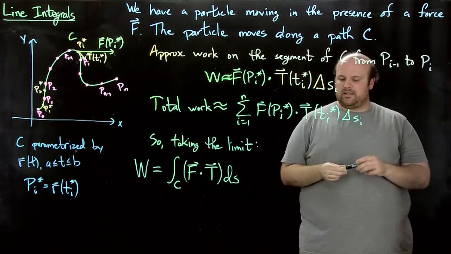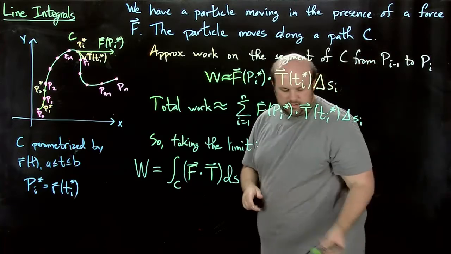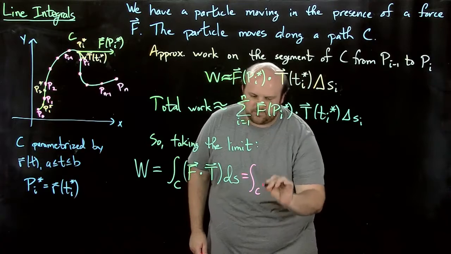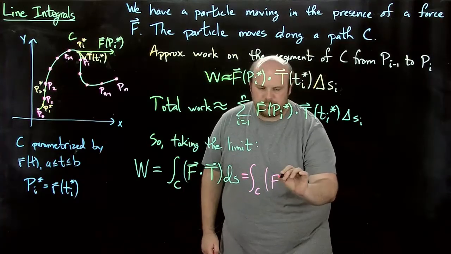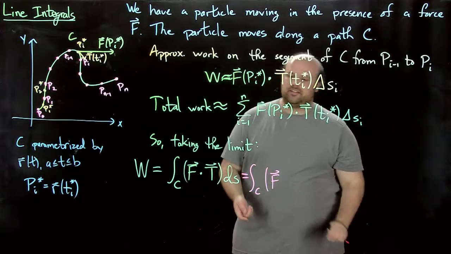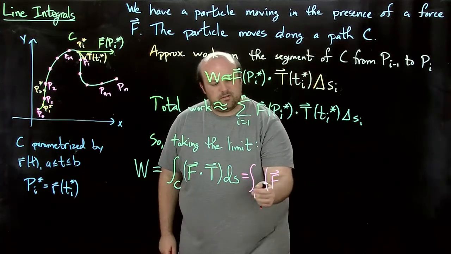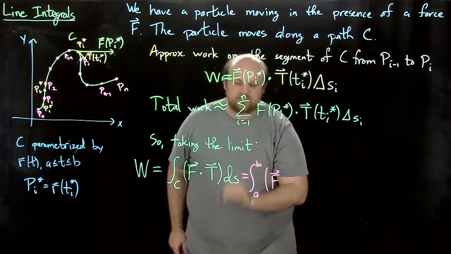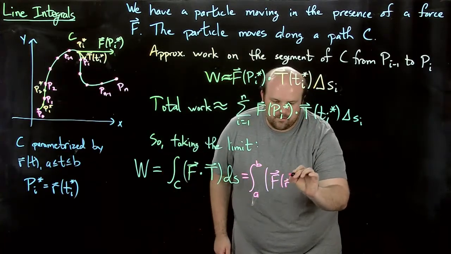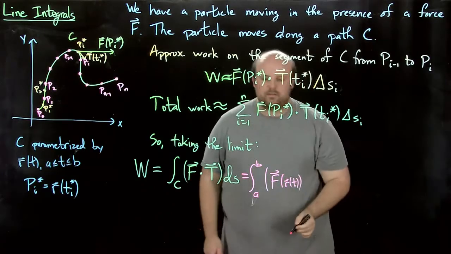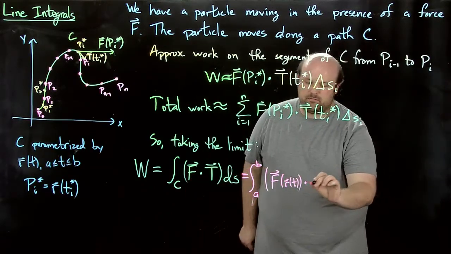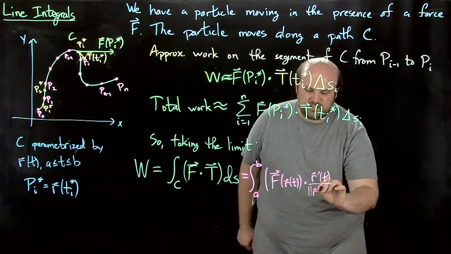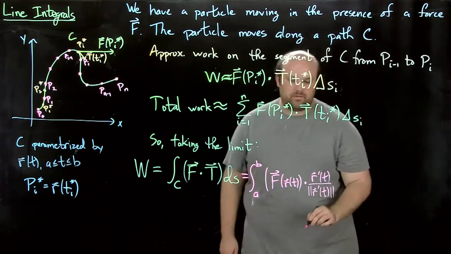But let's actually write a little bit more here, because we know what T looks like, right? So this is the integral over C of F. And actually, here's what we'll do. We know the parametrization. So let's go ahead and write this out. All right, now T, remember, is just r prime of t over the magnitude of r prime of t. Right?